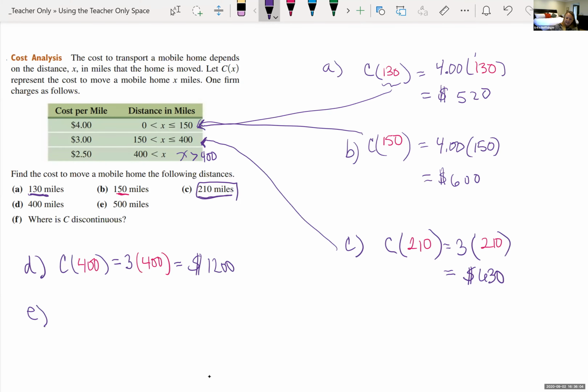And then E, we're looking at C of 500. 500 is bigger than 400, and so we're going to charge them $2.50 a mile. So $2.50 times 500.